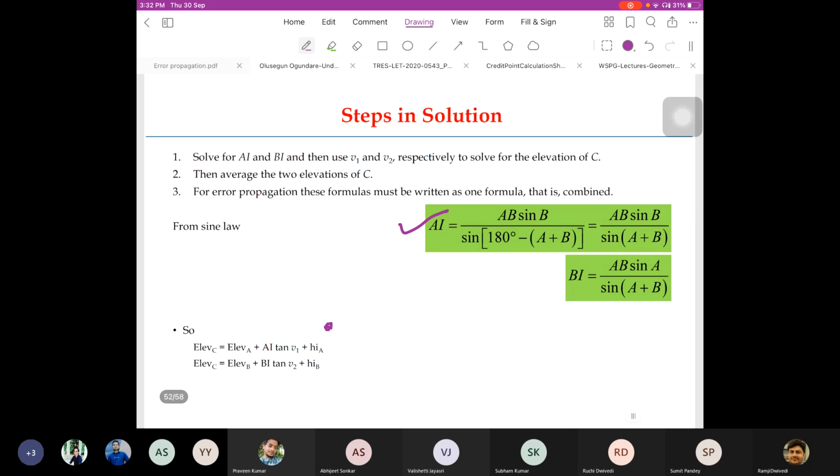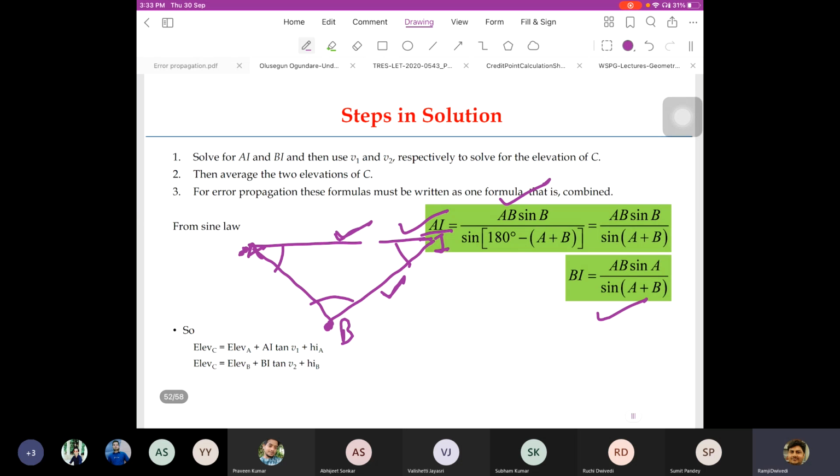Then from A and B, you made an imaginary point I. So what you want is AI or BI for placing it in the equation for estimating the height. So this AI is measured with respect to the angle using the sine rule. This is AI from the sine rule. This is BI from the sine rule.